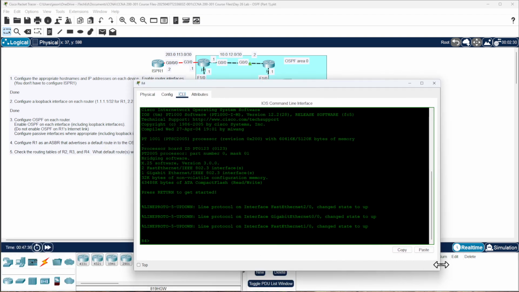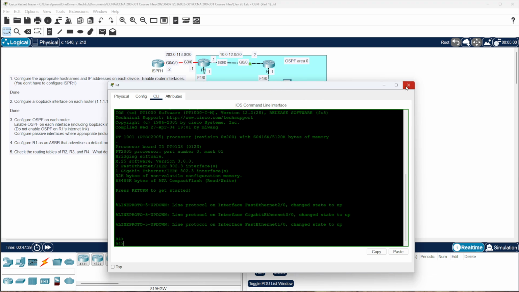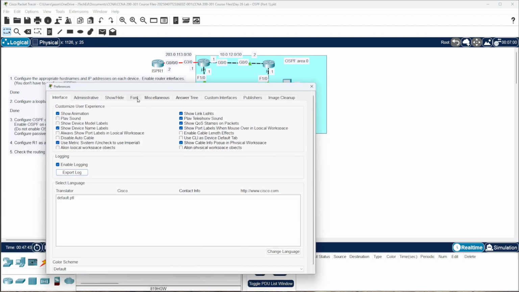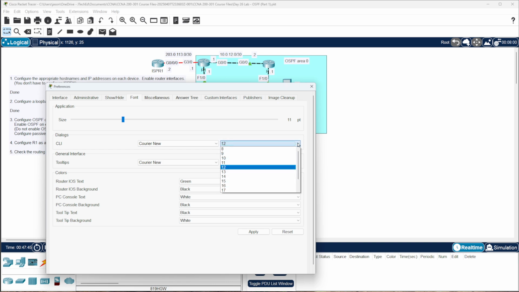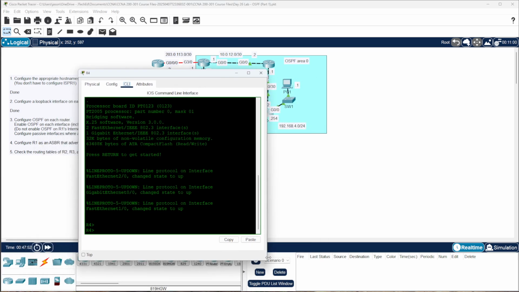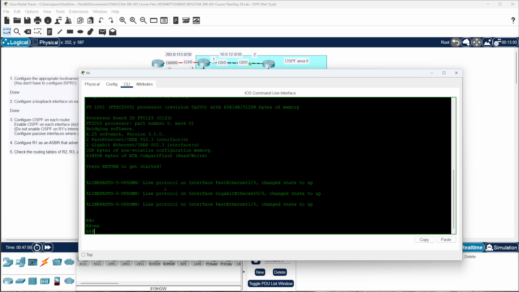Might just be silly, but I like it. Even this 12 isn't big enough, so we're gonna crank her up a little bit. I mean, yeah, we can't see a lot on screen if we do that, but I imagine it's maybe hard to see while you're watching. Alright, that's a little better.